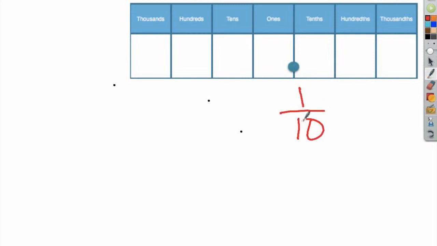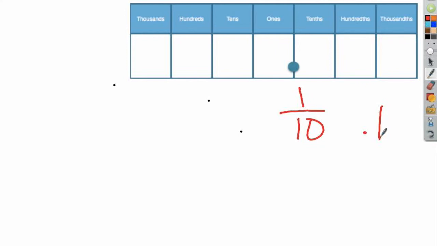raise your hand if you can read that number to me. 1/10. Raise your hand if you can read that number to me. 1/10. No. You want to try again? 1/10.